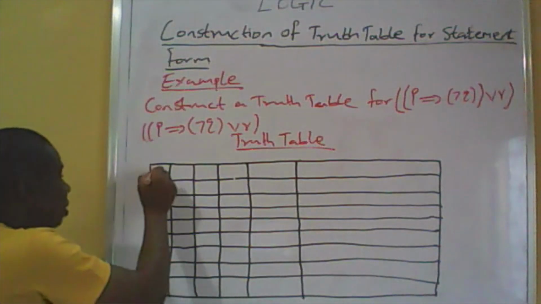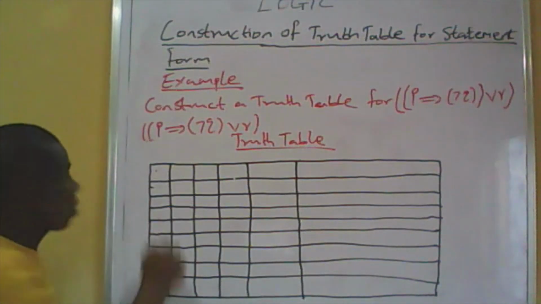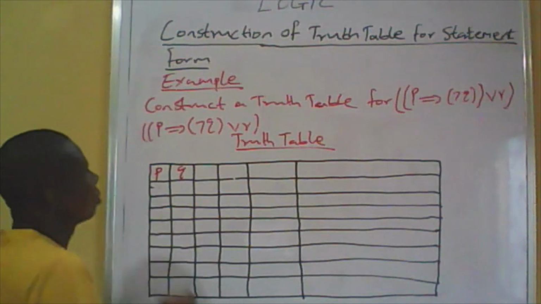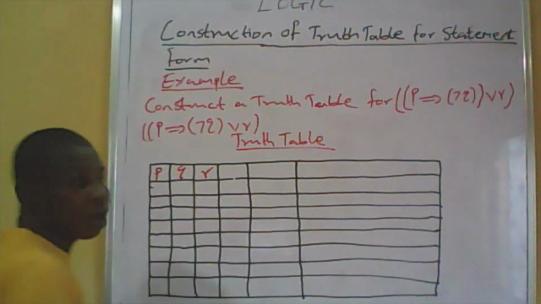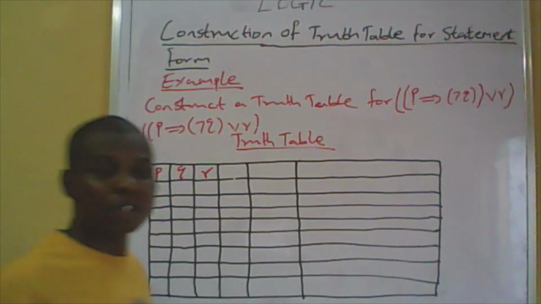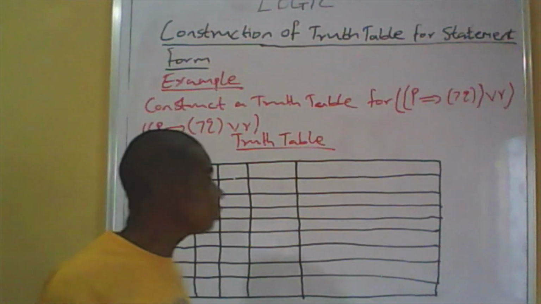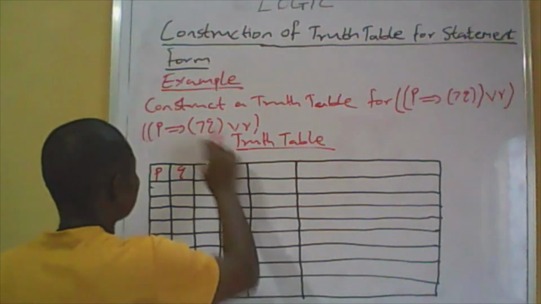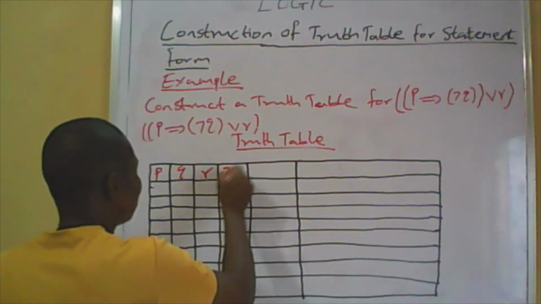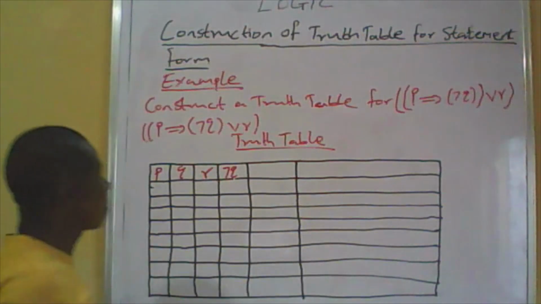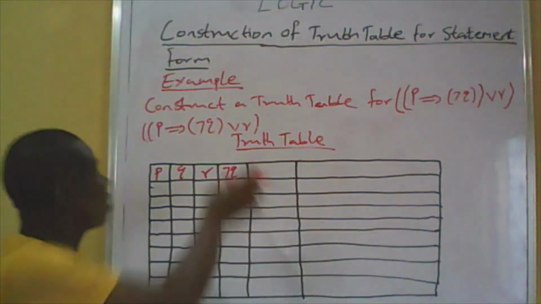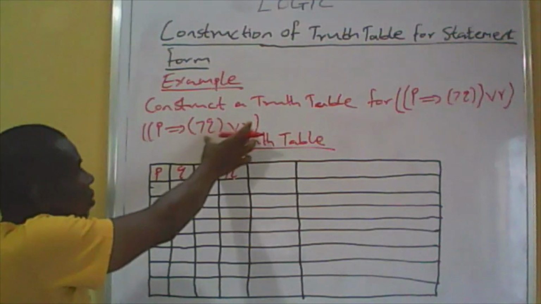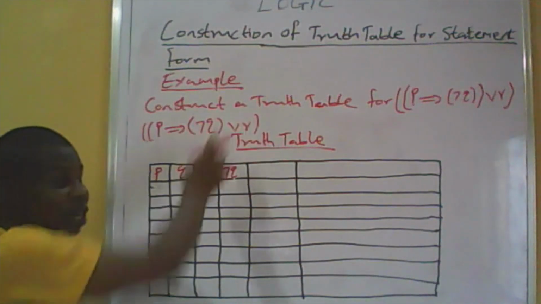See what I mean here? Statement here, simple statements: P, Q, R. So they are our simple statements. Then we have not Q here. Then we have another statement that is combined with our main connective.